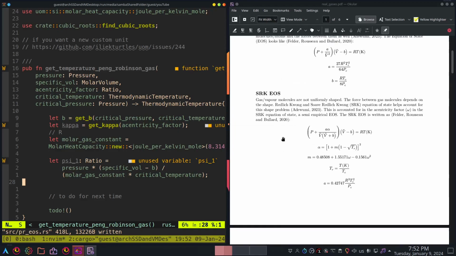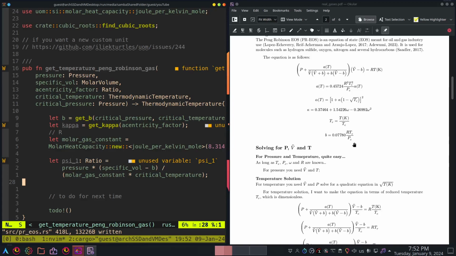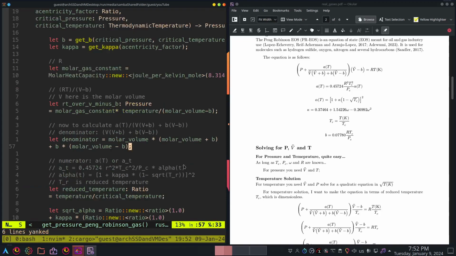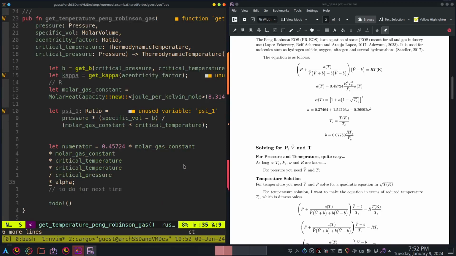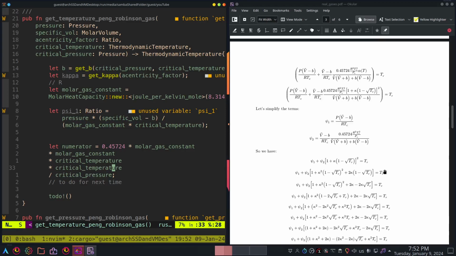Or rather, was that Soave-Redlich-Kwong? Okay, let me see whether I can find alpha. So this is the numerator thing here. I'm not going to call this the numerator. I'm just going to call this term the alpha coefficient.